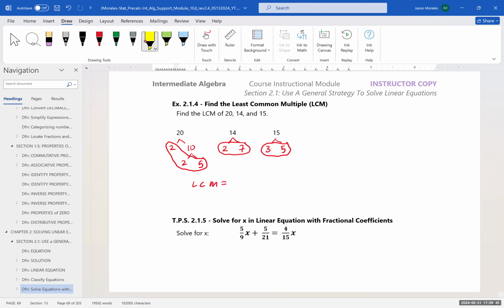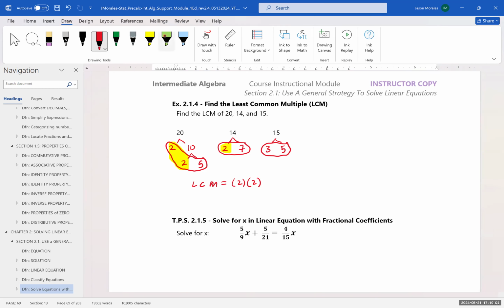So our first unique factor is 2. 2 occurred in 2 factor trees, and the most times it occurred was twice. So our least common multiple is going to have 2 twice.